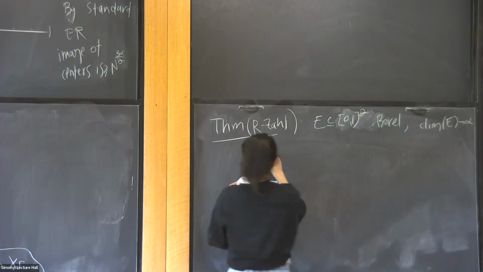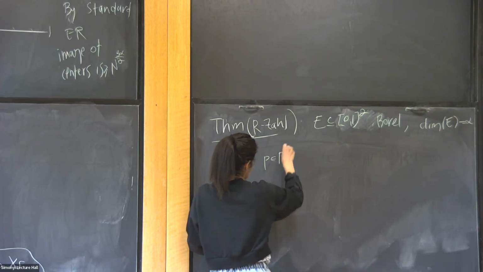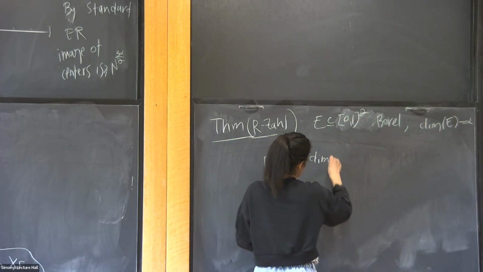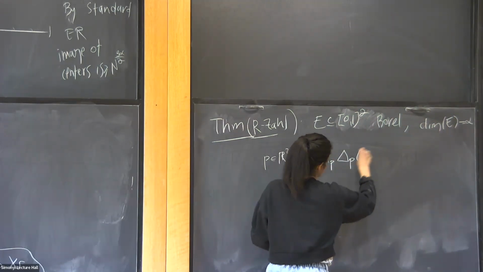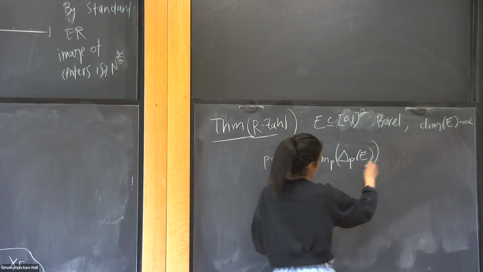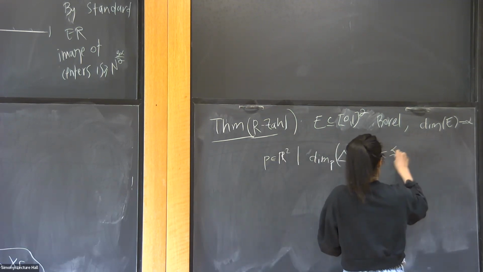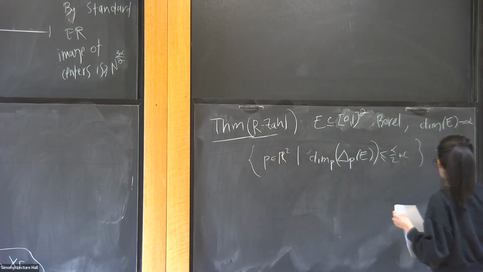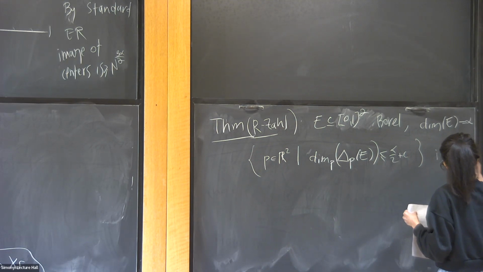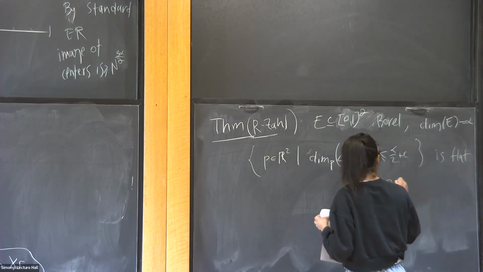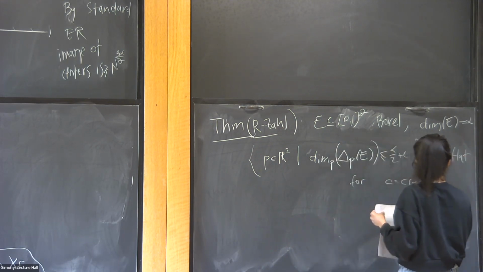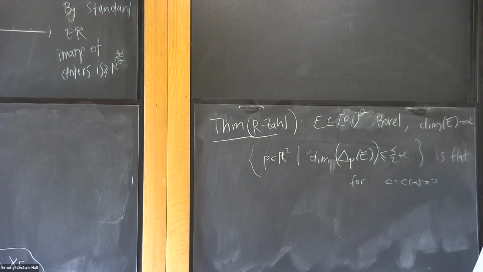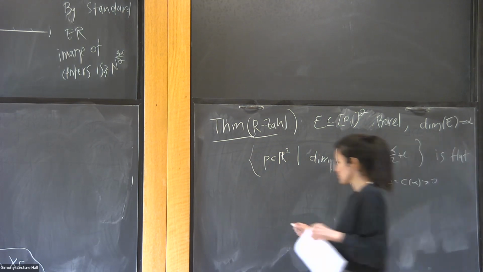And you want to say that this set of all points such that the distances, in dimension alpha over 2 plus c, is flat if c is sufficiently small. Okay. So, sketch of proof.